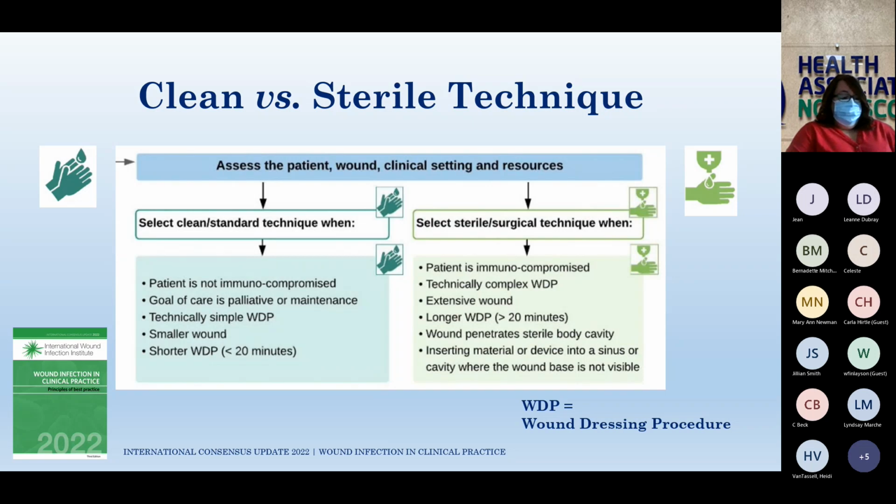Only sterile instruments are used for direct contact with the wound. And then we have clean technique. This is the use of clean gloves, a clean field, a clean or sterile dressing tray, clean instruments, clean solution and clean dressings. Clean gloved hands or instruments are used for direct contact with the wound.